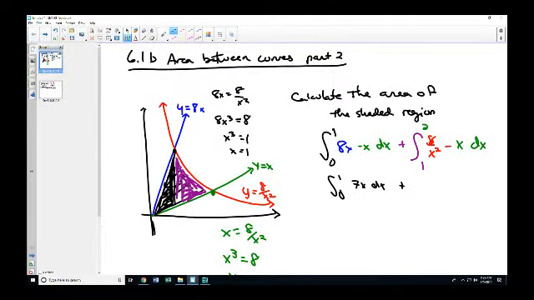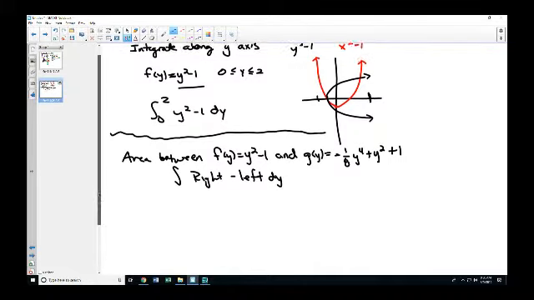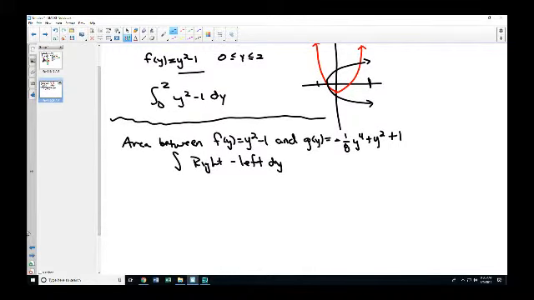Again, with the x's, the top is the biggest, most positive, minus bottom. In the y term, though, the biggest is over here. The smallest, the negative, is here, so it's right minus left. Okay, so in terms of y, you have to think in terms of right minus left.